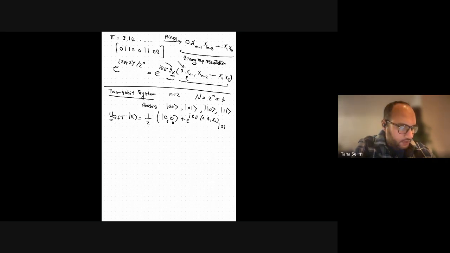Then I have here 0 1 plus e to the power i pi 0 x0. Here 1 0 plus e to the power i pi. Let me write this alone because it's a big term.